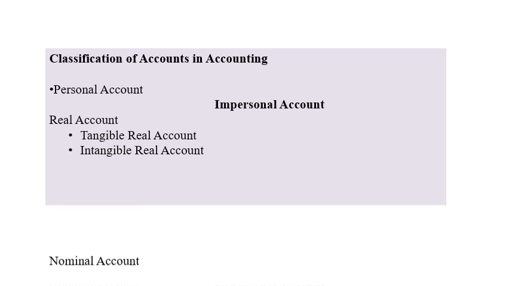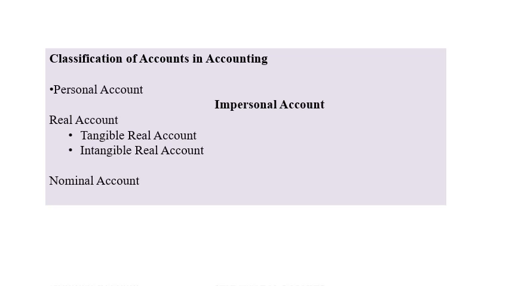And the second impersonal account is nominal account. In nominal account, all the expenses and losses come. All the incomes and gains will come under this account. For example, goods lost due to fire, loss of goods due to theft. If you are selling any goods and any loss occurs, then it will come under this loss.